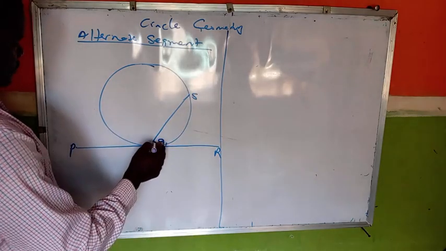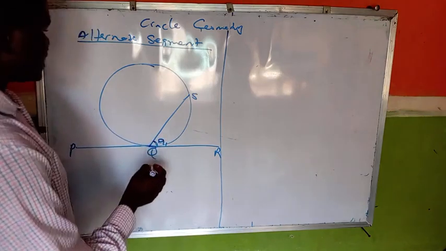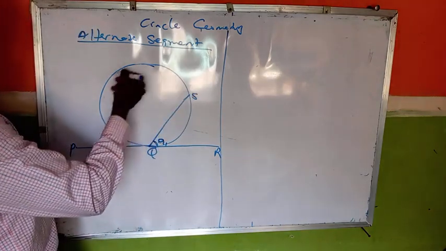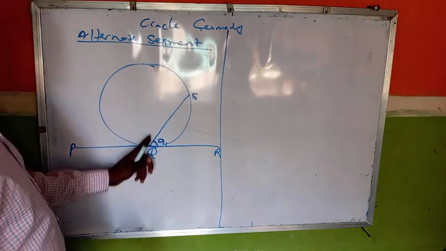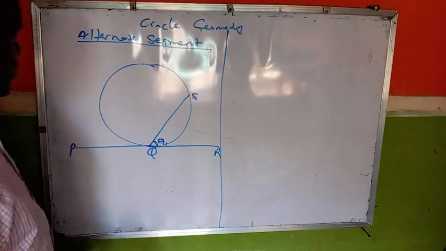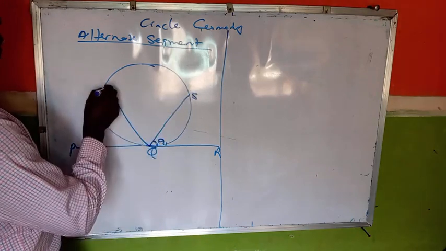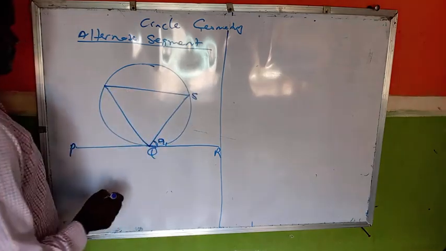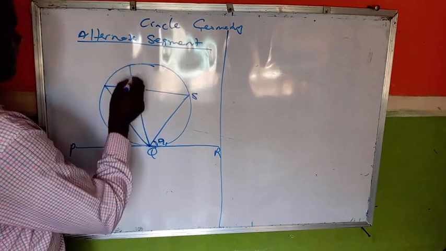We have this angle now. We want to prove that this angle is equal to any angle that the remaining part of the circumference subtends, like this, or like this.